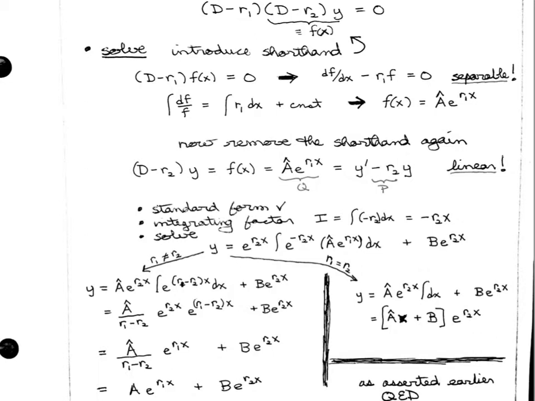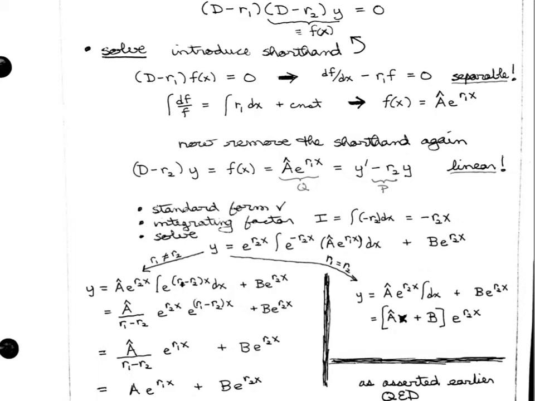So we know how to write out the solution: y is e to the r2x, that's 1 over the integrating factor, times the integral of the integrating factor times q dx, plus we have to remember to add in the extra factor of another constant times 1 over the integrating factor. At this point, there are two possibilities. Either r1 and r2 are not the same, or they are.